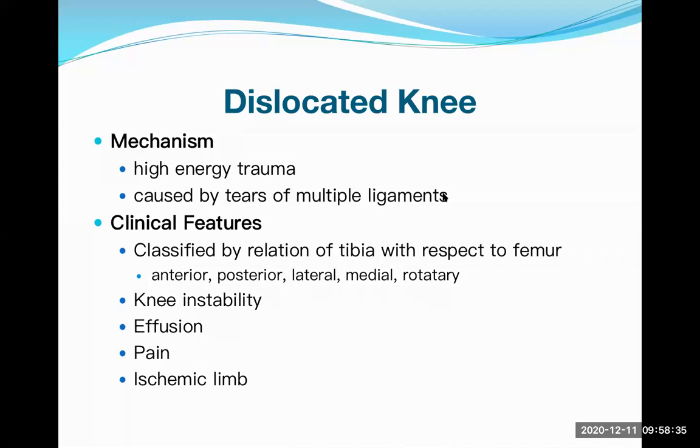Excellent. So the main important ligaments here are the collateral ligaments, which are on the side, the lateral collateral ligament and medial collateral ligament, and the cruciate ligaments, which are present inside the knee joint: the anterior cruciate ligament and the posterior cruciate ligament. The meniscus is not making the knee joint stronger.